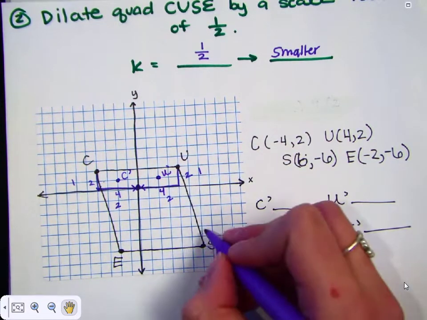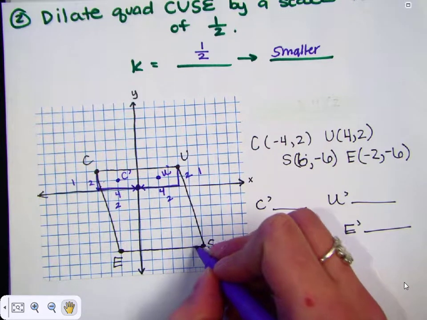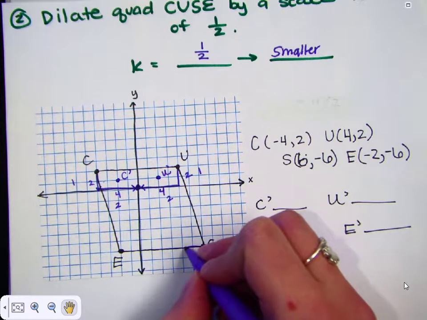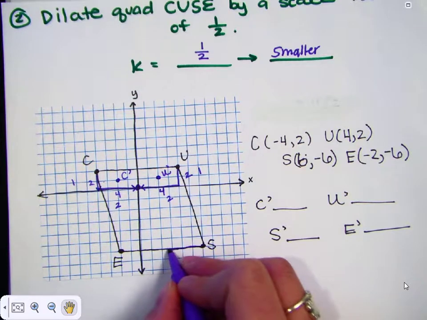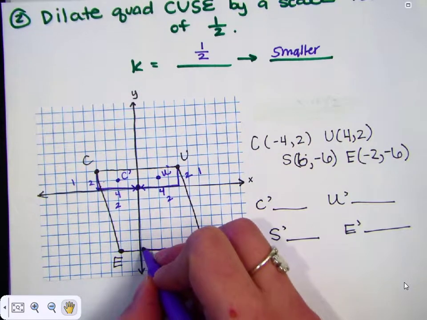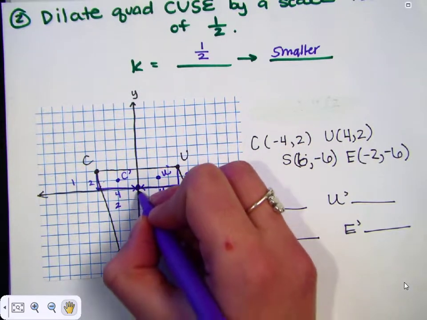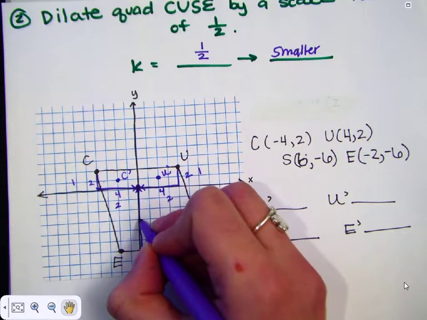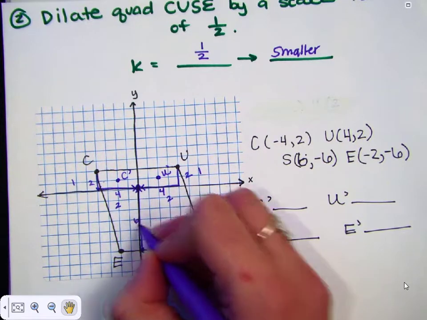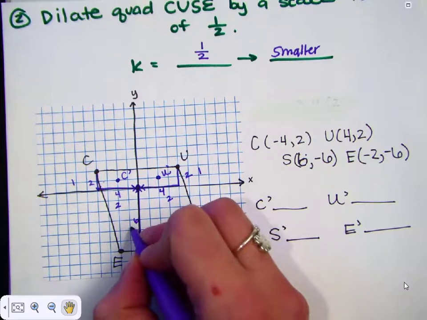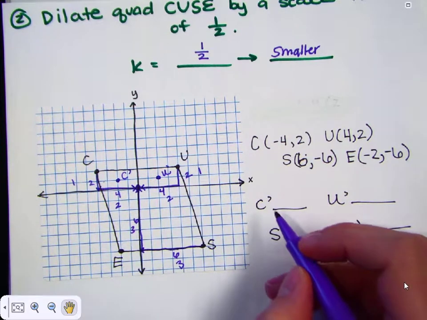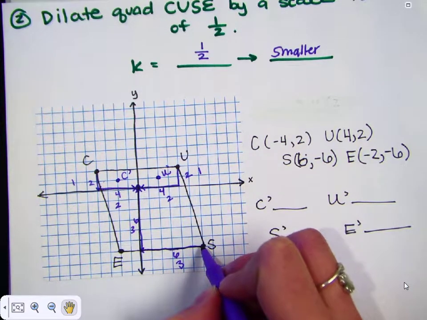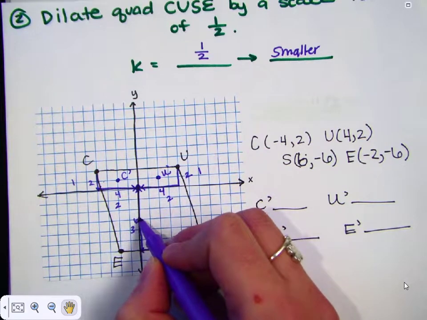All right, and then if we do S, S is over 6 and up 6, so half of each of those values is 3. So I'm going to go down 3 and over 3.